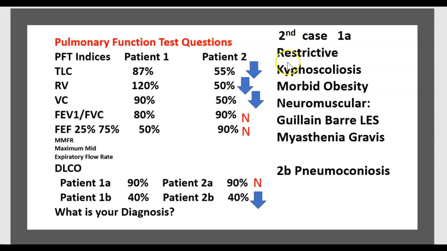It could be a restrictive, kyphoscoliosis, morbid obesity, or neuromuscular, Guillain-Barré, or myasthenia gravis. If DLCO is decreased 40%, it could be pneumoconiosis.